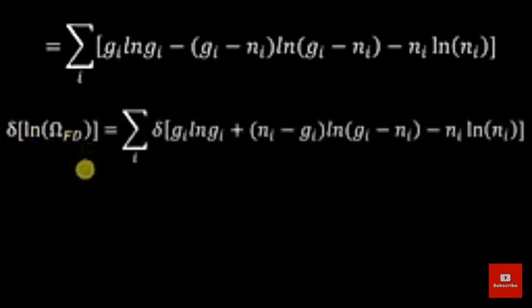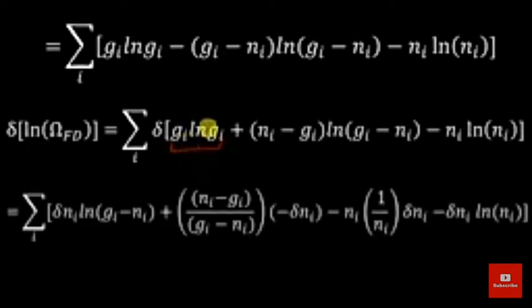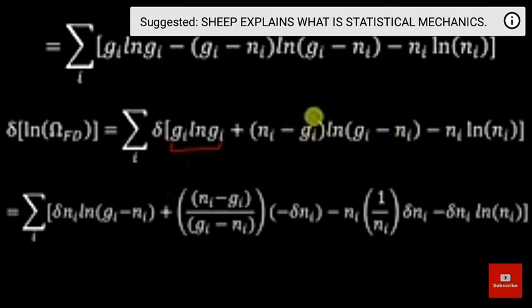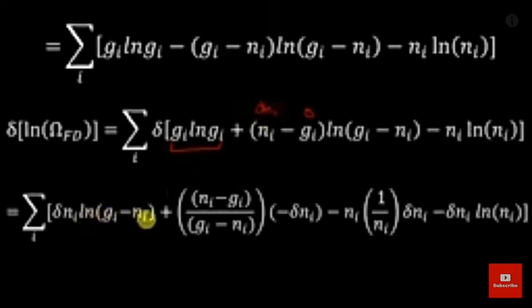Now we will take its derivative, the derivative of ln of omega FD, of this whole thing. As we know, gi is not subject to variation, so its derivative is 0, and we just need to take the derivative of these two things. For the first function, the derivative of gi is 0 and the derivative of ni is dni.